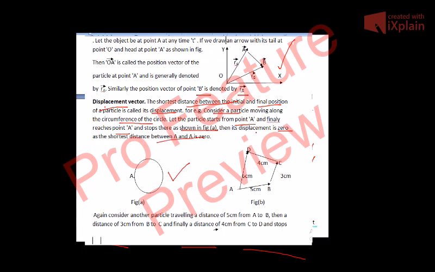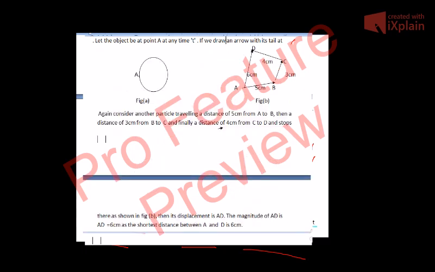Now again, consider another particle traveling a distance of 5 cm from A to B, then a distance of 3 cm from B to C, and finally a distance of 4 cm from C to D and stops there at D. Let the object be at point A at any time.